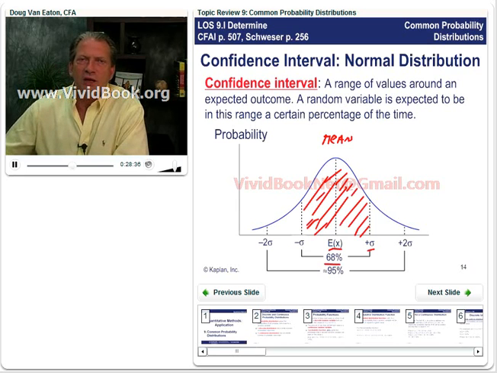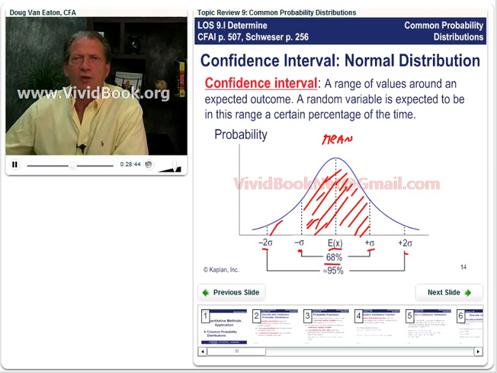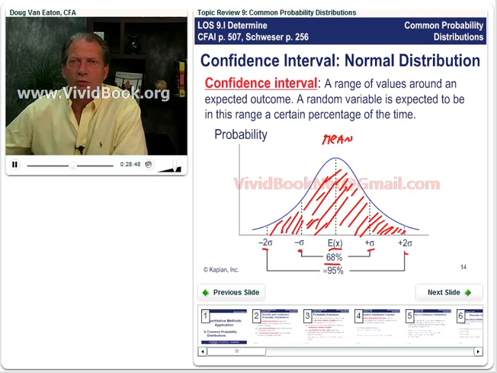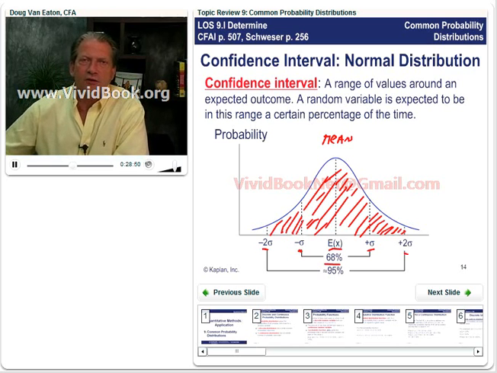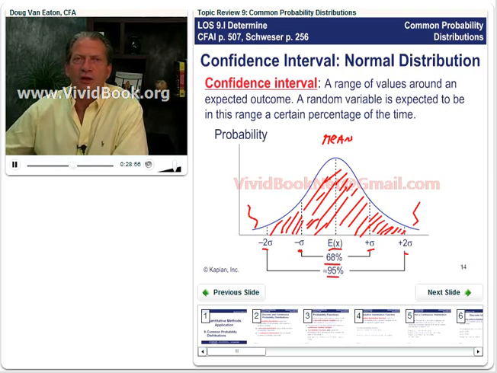And if we expand it to 2 on either side, we're clearly capturing a lot more of the possible outcomes, and that's about 95%. So what would that put in this tail here and this tail here? You're exactly right. You'd put 2.5%. That puts 2.5% in each tail, and 95% here in the middle.